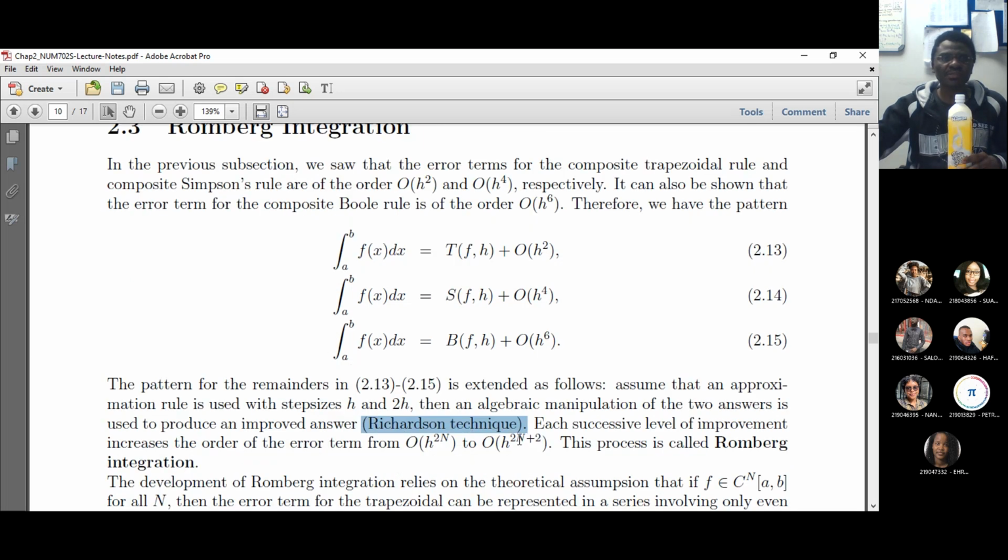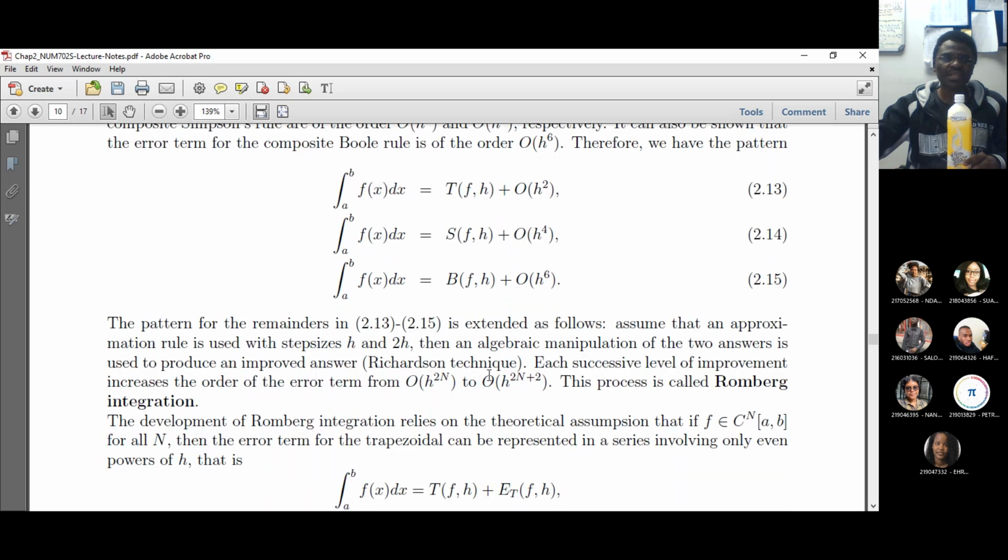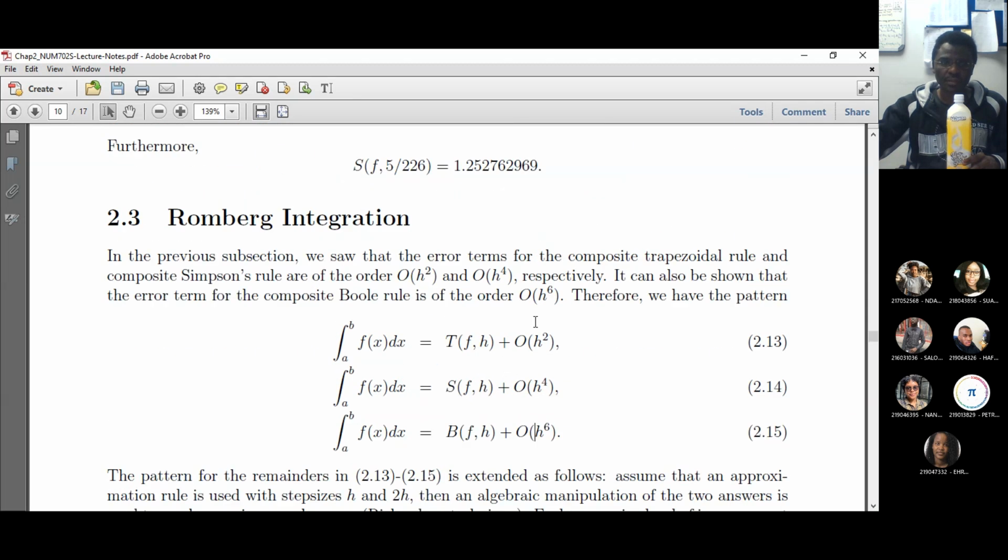So you use the Richardson technique in order to improve this. Not just to say, okay, this is the order of accuracy, there's nothing we can do, we leave it that way. No. We can still improve this using a particular technique called the Richardson technique. That is what we apply. And how does it work?